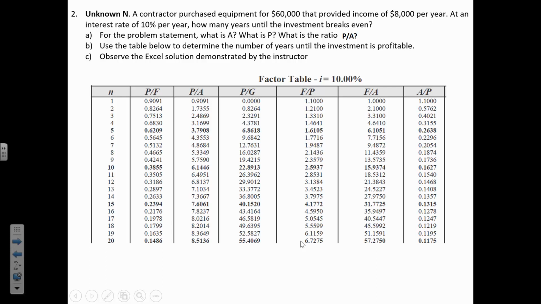It's going to be offset by future revenues, an income of $8,000 per year. So A is $8,000. What we need to know is, if the interest rate is 10% per year, so i is 0.10, then how many years until the investment breaks even?